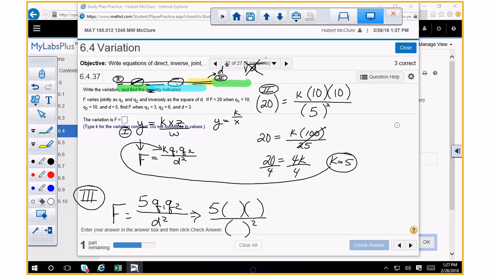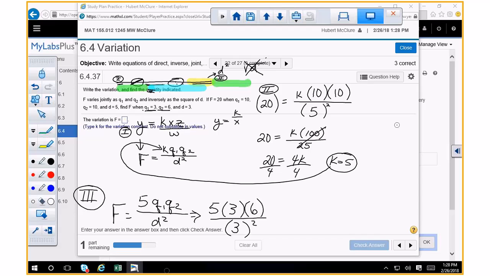And what do you think they're going to give us? Q is what? 3, 6, and what? 3. Now you really don't need to even calculate.